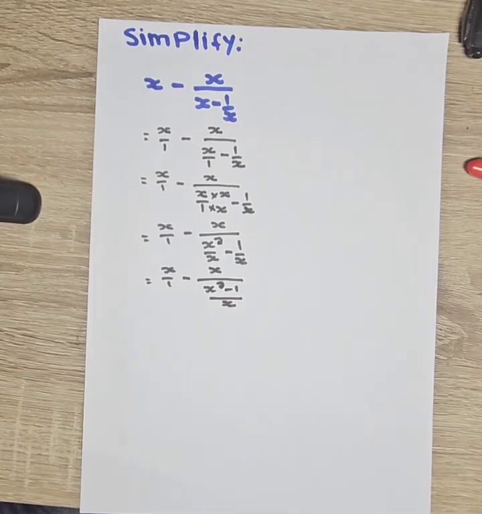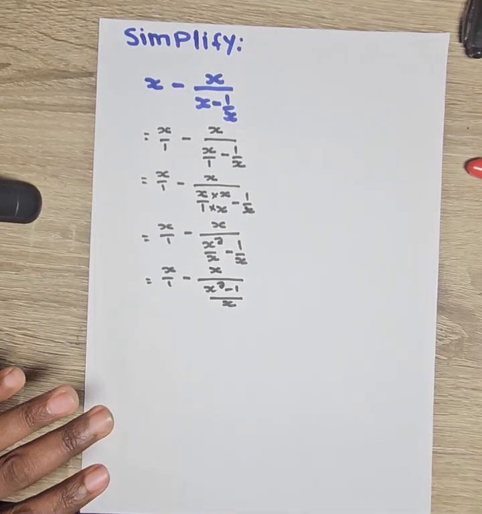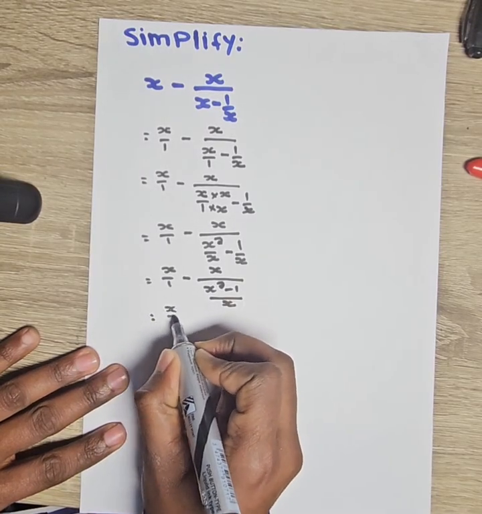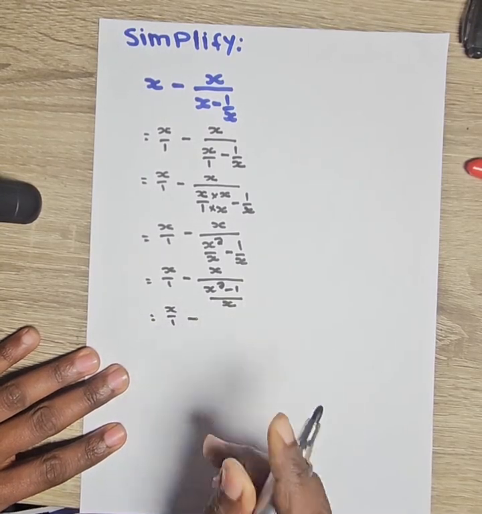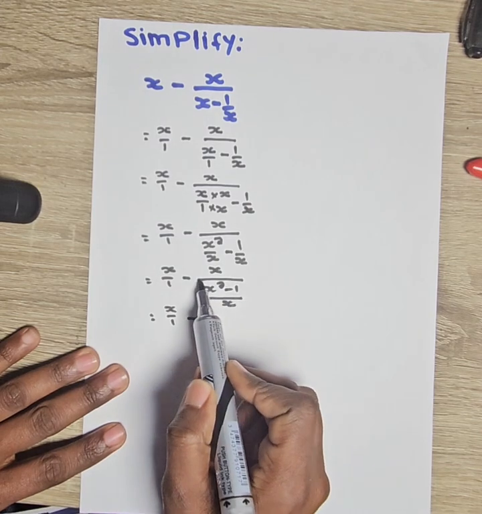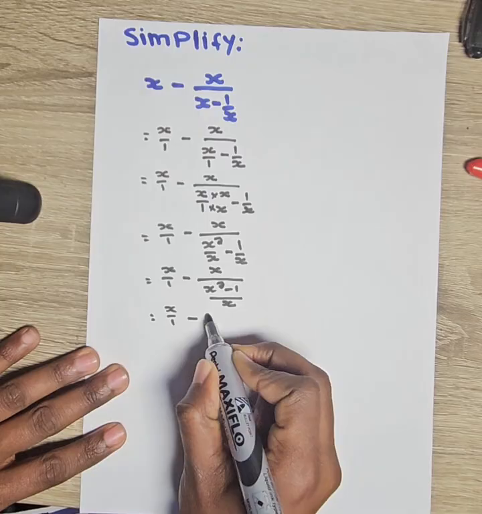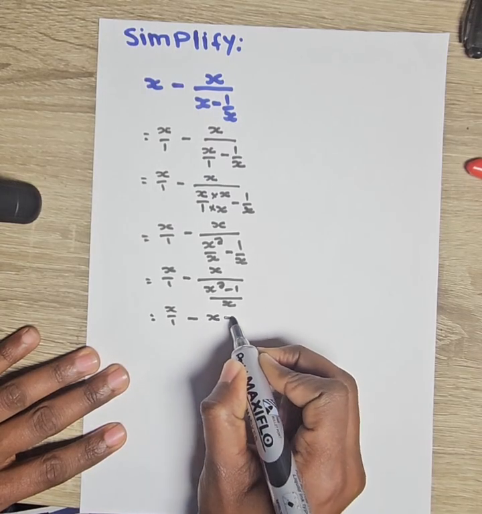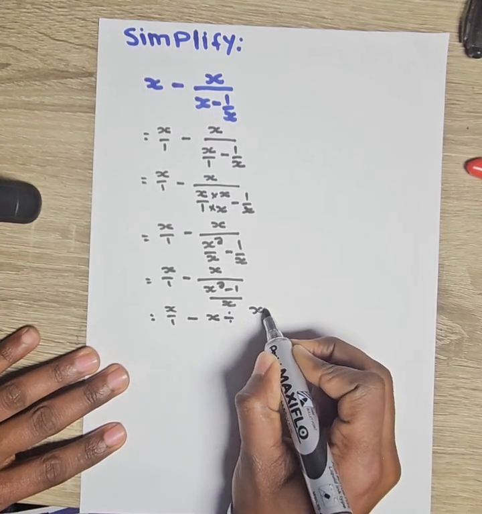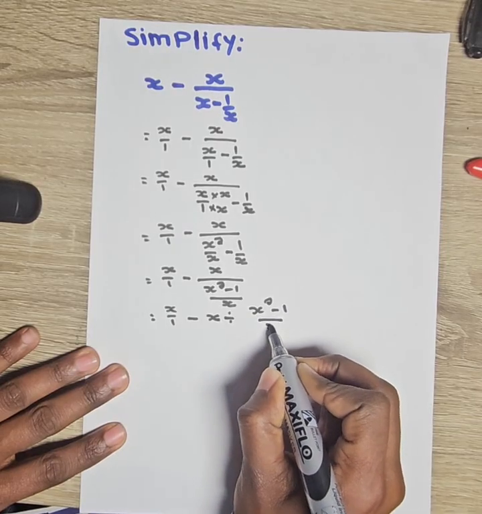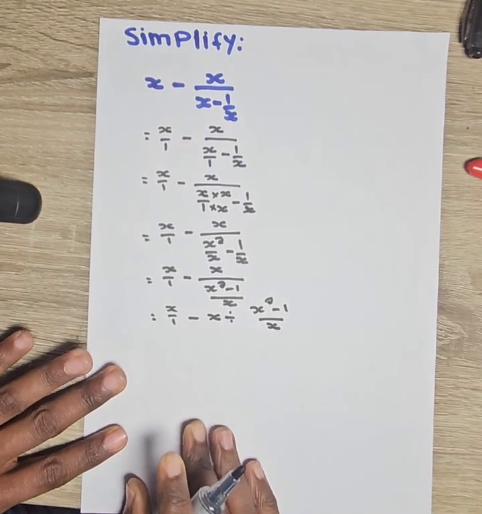Now I have simplified the bottom part. Now I have x over 1 minus. I see this long line is a division line. So I will therefore need to say x divided by x square minus 1 over x.